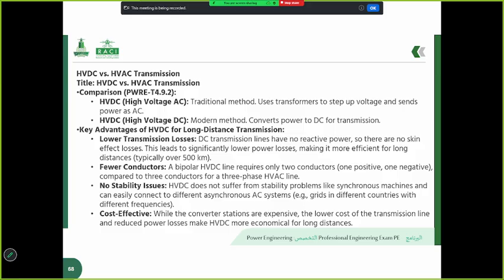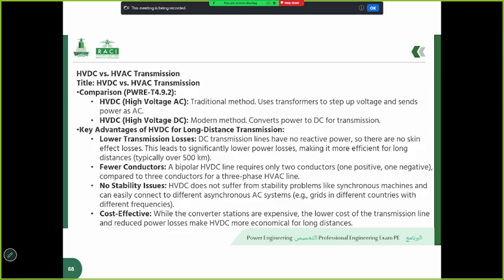The key advantages of HVDC over HVAC are summarized in this slide. First of all, lower transmission losses. Because DC lines have no reactive power and no skin effect, they experience much lower power losses.